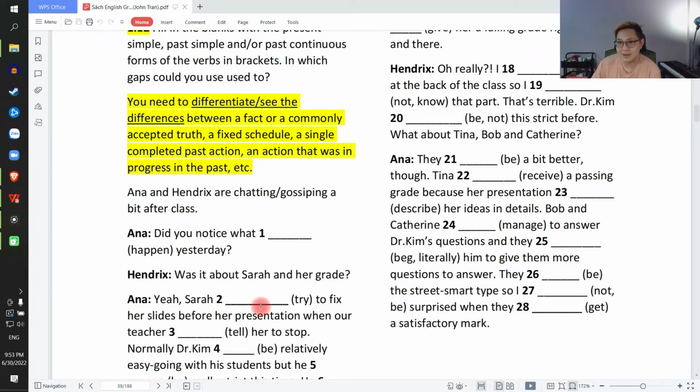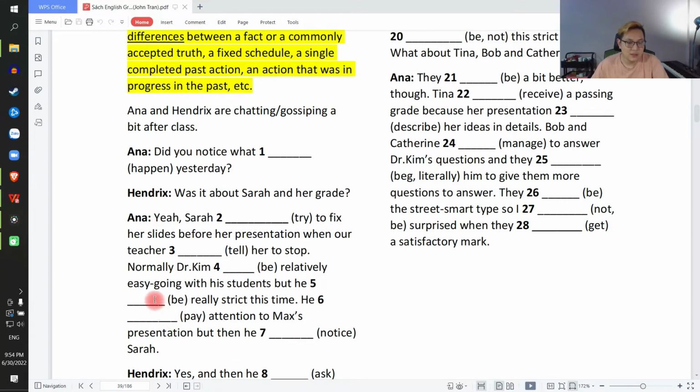Nó cung cấp một cái bối cảnh nền, một cái ngữ cảnh để cho cái hành động là teacher told her to stop nó diễn ra. Okay, so that's why Sarah was trying, past continuous, quá khứ tiếp diễn ở đây. And then the teacher told her to stop. Sarah đã và đang ráng tìm cách mà sửa cái slide của cổ trước khi cái bài trình chiếu của cổ. Khi mà giáo viên chúng ta nói cho Sarah là dừng lại đi, ngừng ngay.